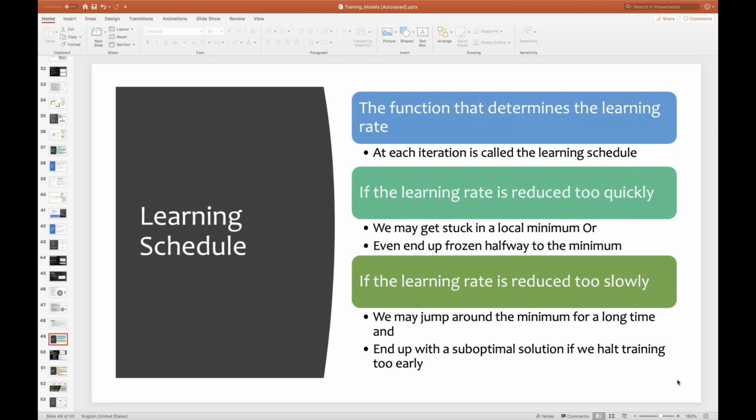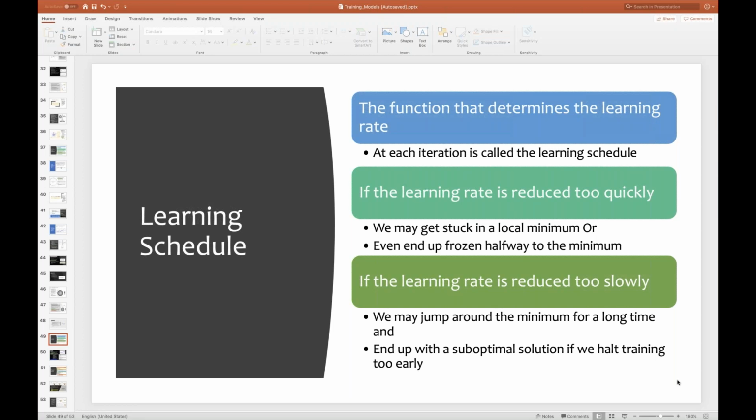You have to go to the local minimum, bounce up and down, and then reach the global minimum. Then I'm happy. Now, if the learning rate is reduced too quickly, you have a problem, and if it is reduced too slowly, you also have a problem. If you reduce it too slowly, we may jump around the minimum for a long time and end up with a suboptimal solution. We halt training too early.